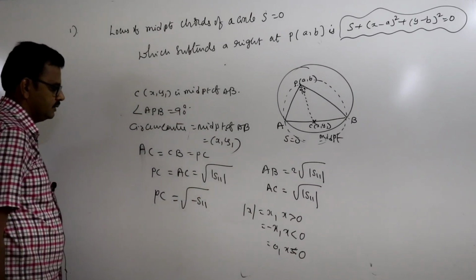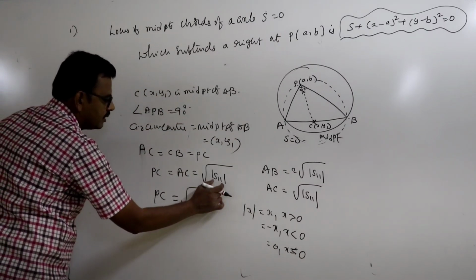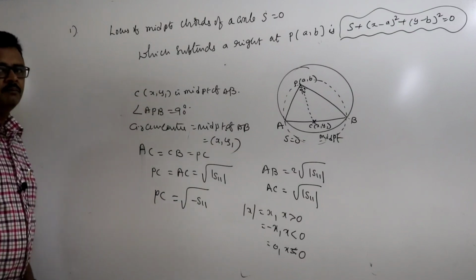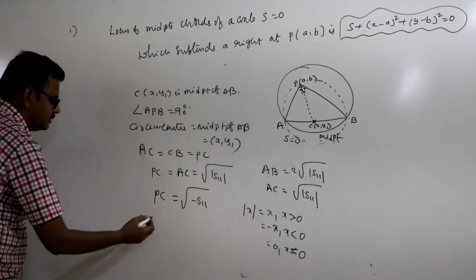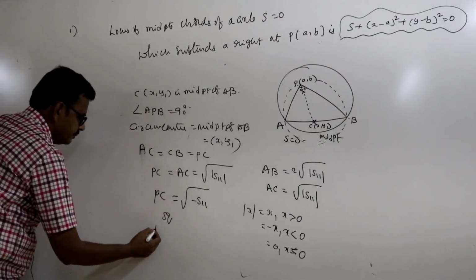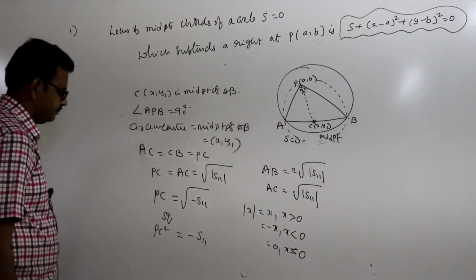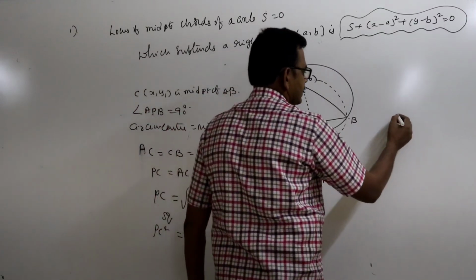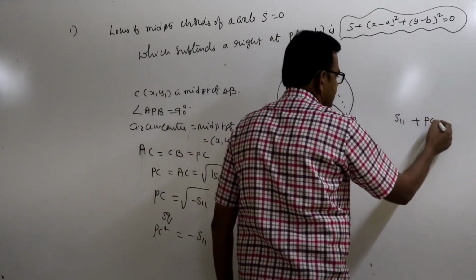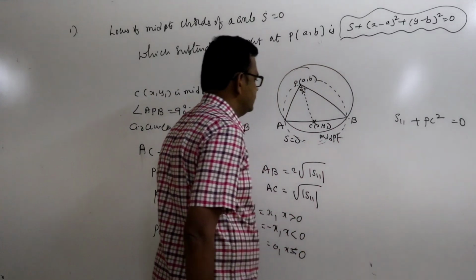S11 is less than 0, therefore mod of S11 is equal to minus S11. Now, squaring on both sides, PC square is equal to minus S11. Therefore S11 plus PC square is equal to 0.